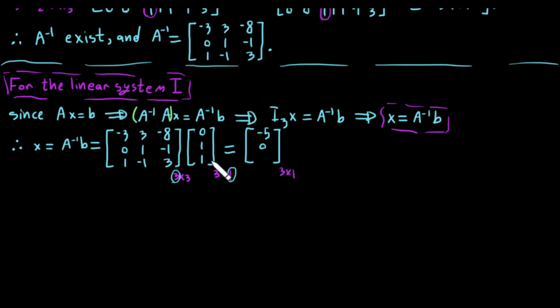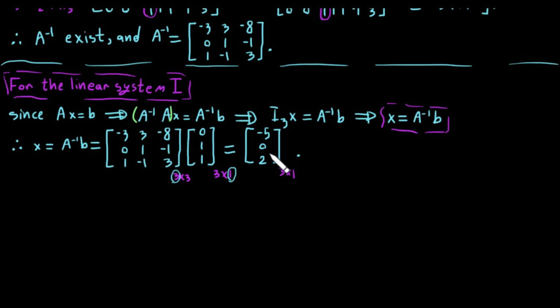To find this element here, we multiply this row by this column. 1 multiplied by 0, which is 0, plus negative 1 multiplied by 1, which is negative 1, plus 3 multiplied by 1, which is 3, negative 1 plus 3, which is 2. So here I have to write 2.